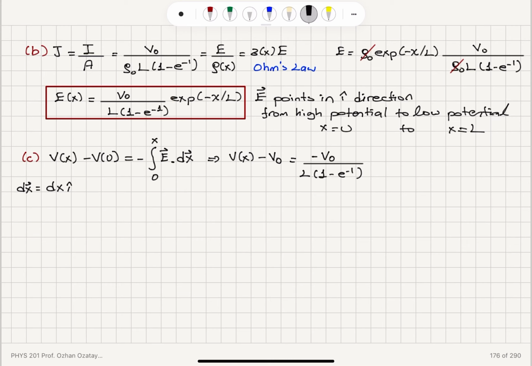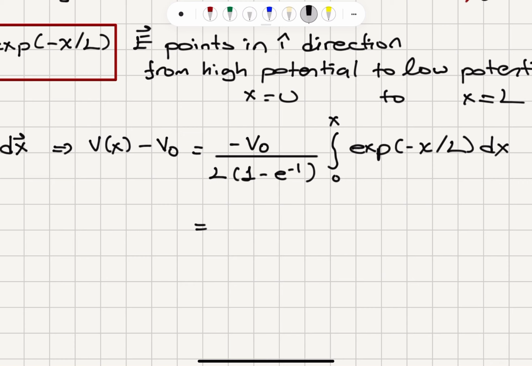And then I have the integral from 0 to x of exponential minus x divided by capital L dx. So this will give me V0 divided by 1 minus e to minus 1.